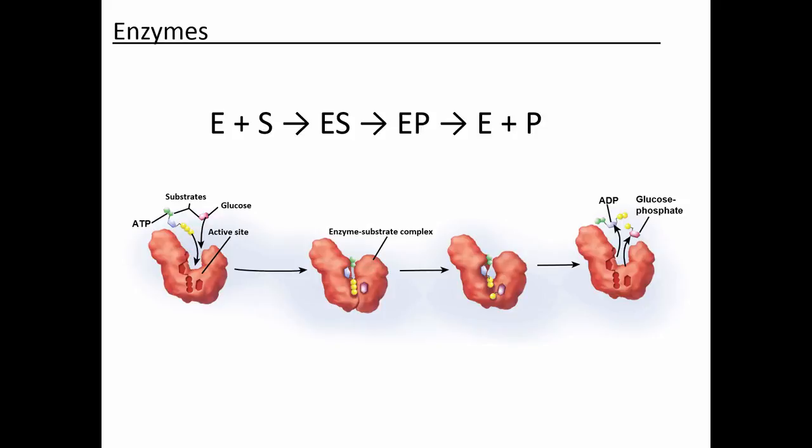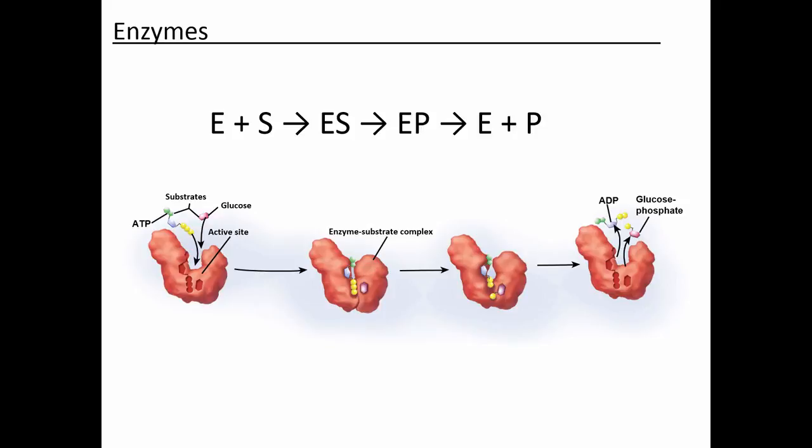So what you have here is in the first step, the enzyme and the substrate have to bind together. So the first step is the enzyme binds the substrate. And that's going to form a complex that's specifically referred to as the enzyme substrate complex. So that's on the slide there. The enzyme with the substrate bound to it is called the enzyme substrate complex.